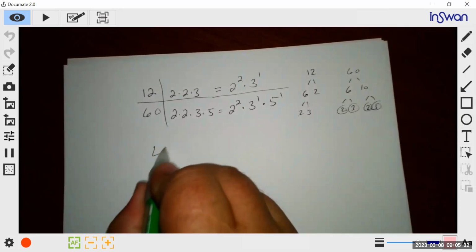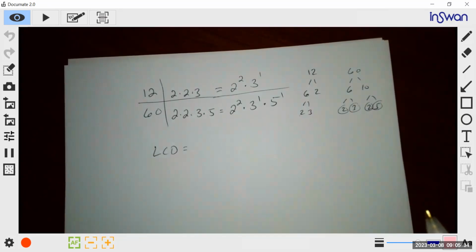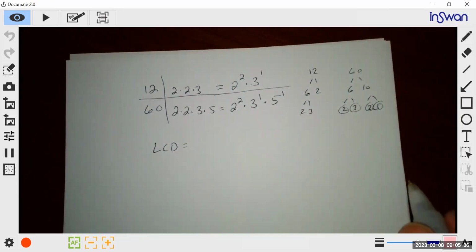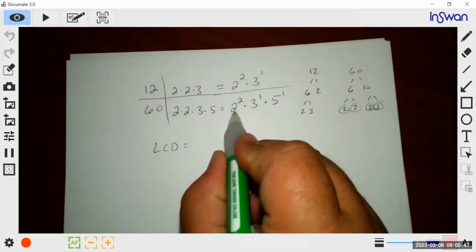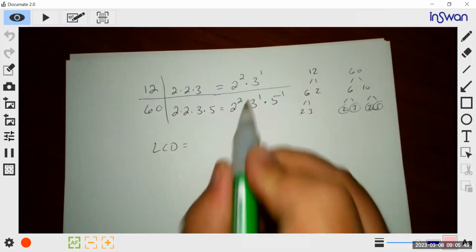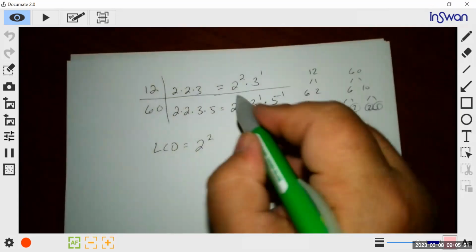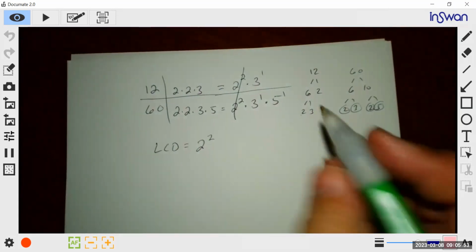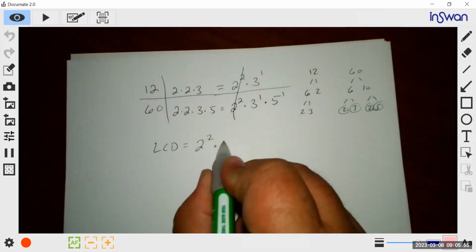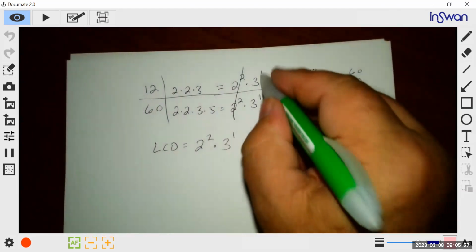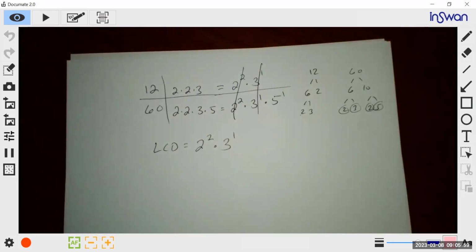Now, what's my LCD? Let's look at the 2s. How many 2s can I use? 2. So that takes care of those. How many 3s? Anything else?